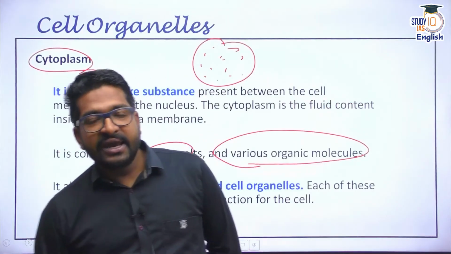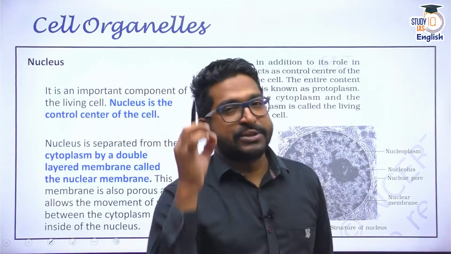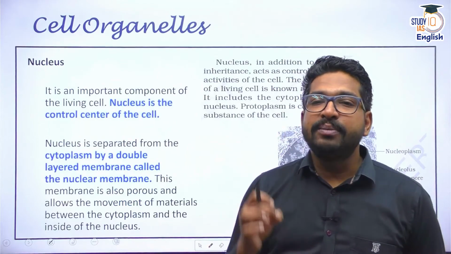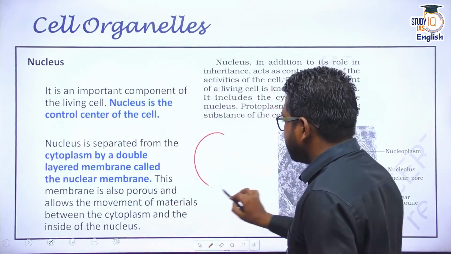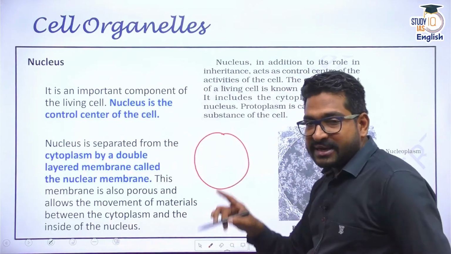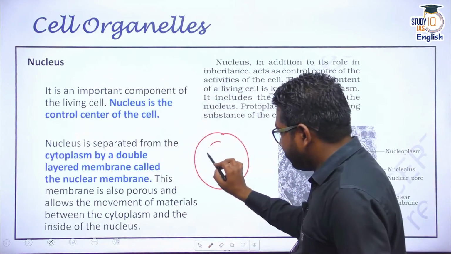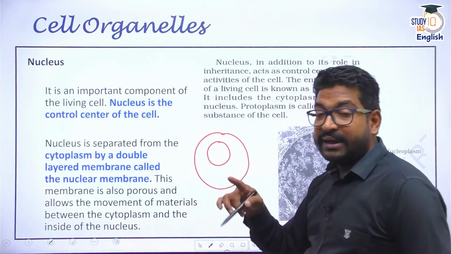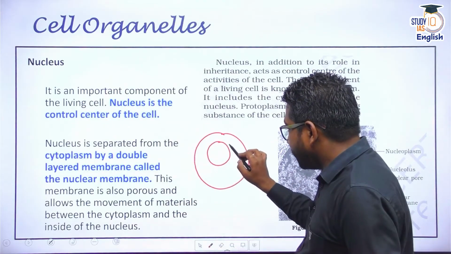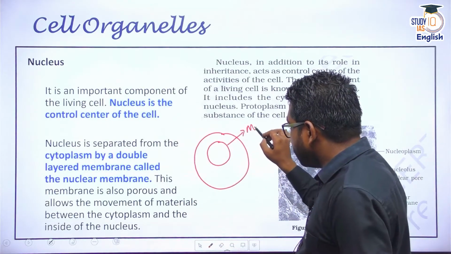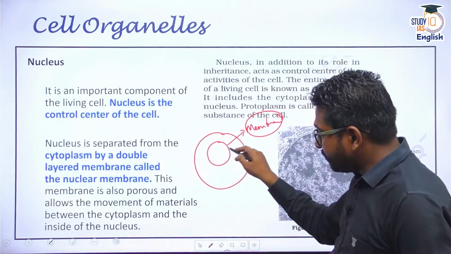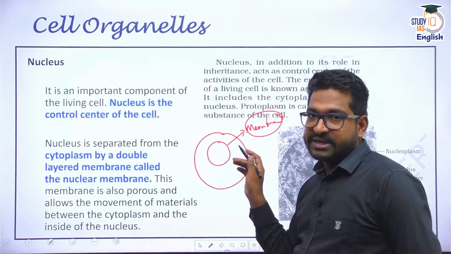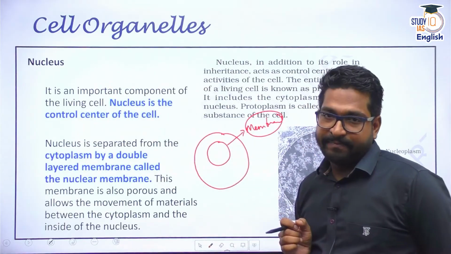Apart from this, every cell has a nucleus. Now, this is the most important part of any cell. I told you, every cell has a cell membrane. Animal cell does not have a cell wall. Cells have a nucleus. A nucleus in eukaryotic cells has a nuclear membrane. Now, this nuclear membrane separates nucleus from other parts. It separates nucleus from cytoplasm as well.